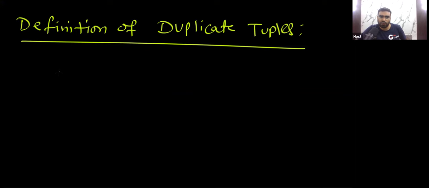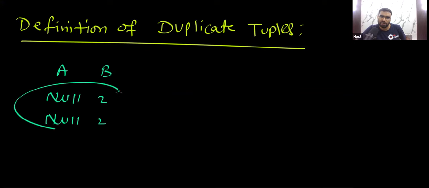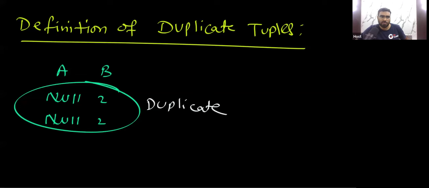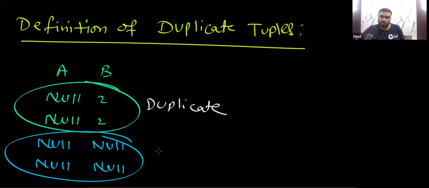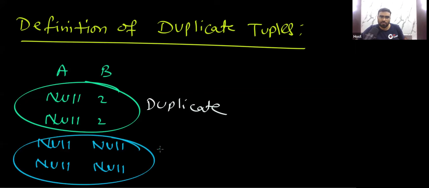For example, if you remember, I told you that these tuples, for example null 2, they are duplicate, right? We have already seen the definition of duplicate tuples. That will help you here.